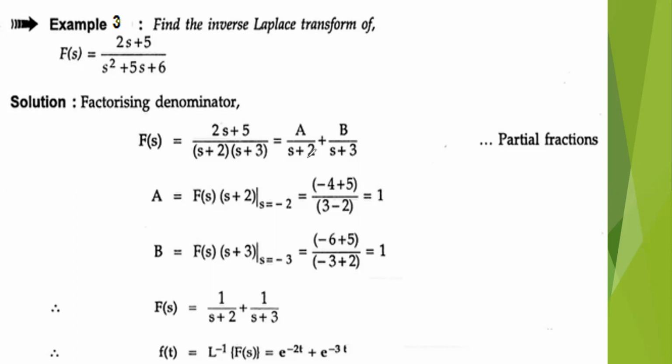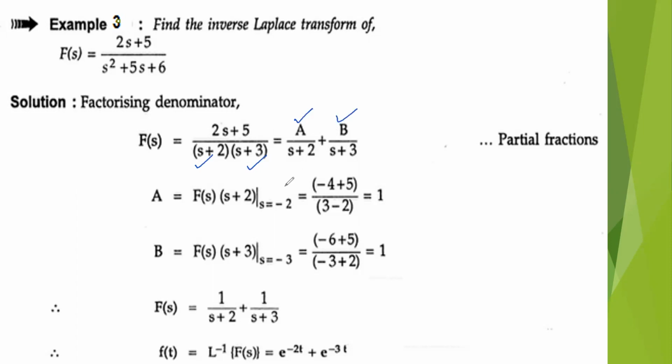These two are linear factors, repeated only once, so we write A by the first factor plus B by the second factor. Later we need to take the LCM of these two and find the values of A and B.